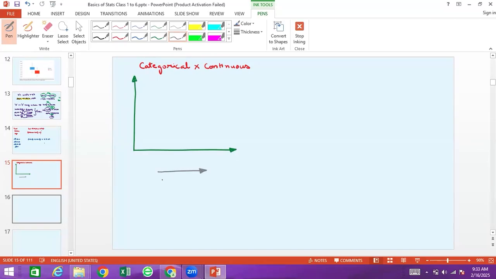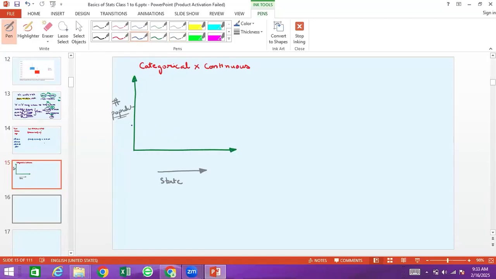Let's say on the x-axis I have state. What kind of variable is state? Like Punjab, Haryana, it is a categorical variable. And on the y-axis I have the number of people, that is the population. What kind of variable is population? Continuous.